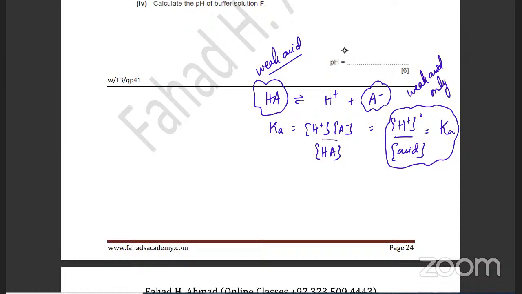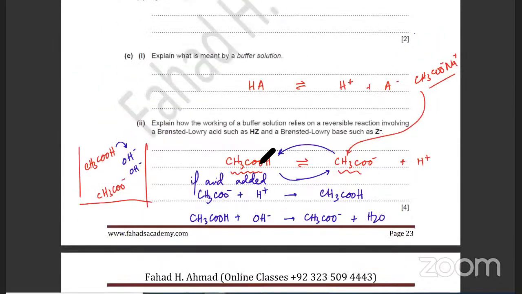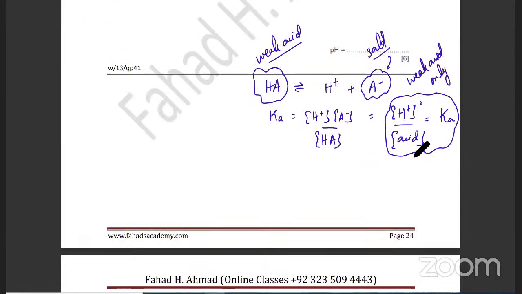Usually it's coming from a salt. So it's the same expression. Everything is the same except for in a buffer. So in the buffer you have this particular ion produced from a salt, or you add extra conjugate base to it.